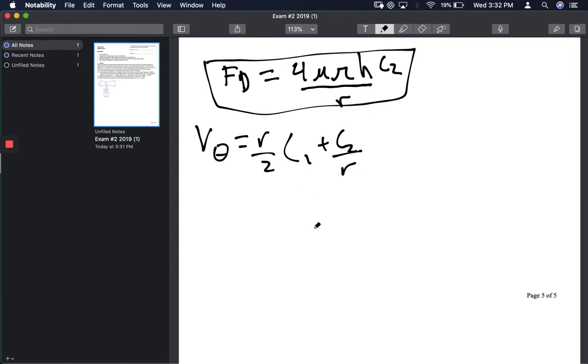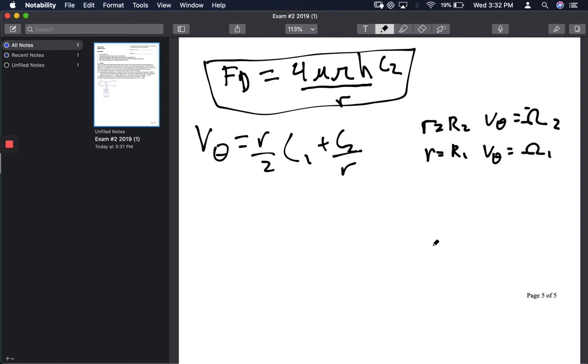All right, so now we plug in r is equal to R2, v theta is equal to negative omega 2; r is equal to R1, v theta will then be equal to omega 1.